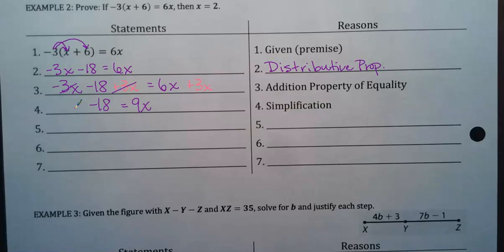Okay, maybe you're thinking divide by 9. You could also multiply by 1/9, however you want to do that. But again, we're going to step this out into 2 steps, okay, because they did addition property and then simplification. So we're going to do -18, and I'm going to write it as times 1/9, okay, instead of dividing by 9. And that equals 9x times 1/9. Okay, so what property did we just apply here?